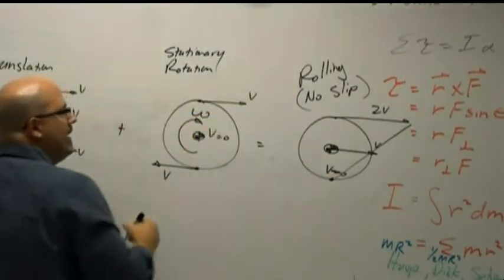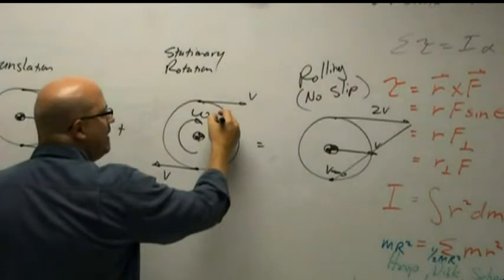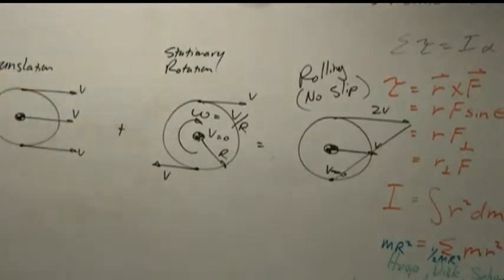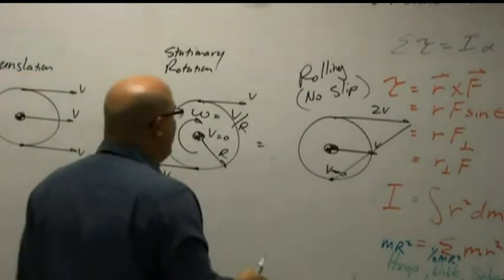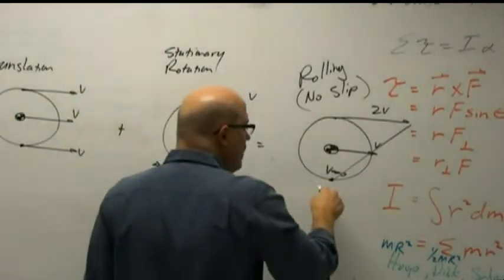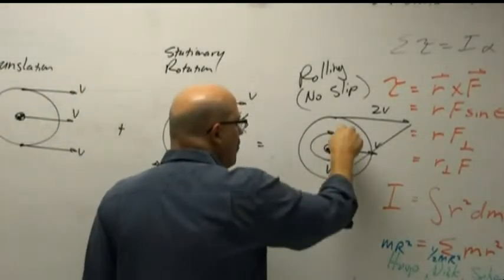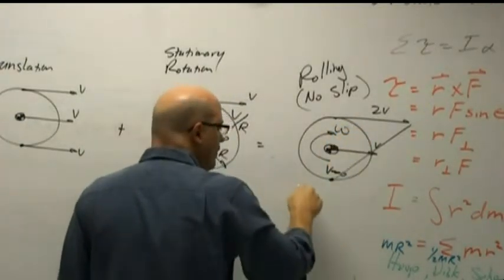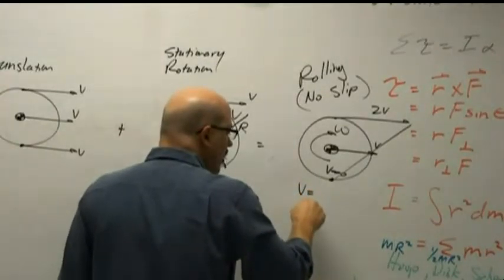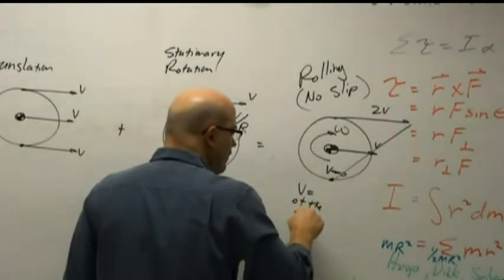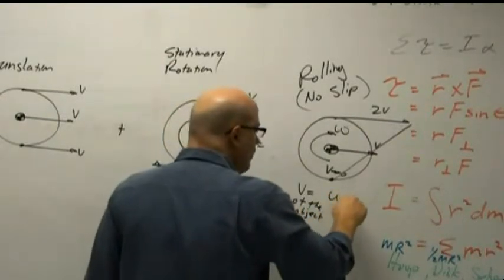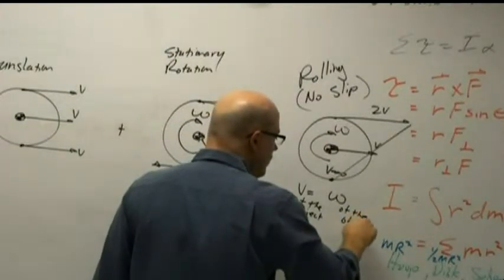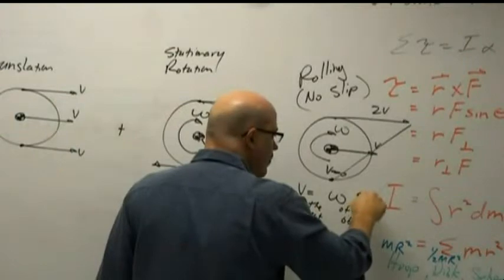All right, this is omega. Now remember that omega is equal to V over R, where this is the radius. That means when you roll without slipping, because of the way the math works out, the velocity of the rolling object equals omega of the object times the radius of the object.